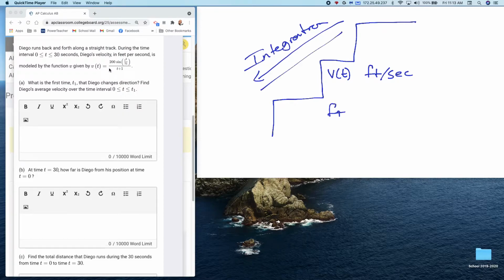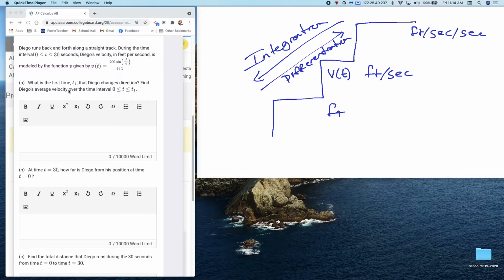If we go up these steps, that would be differentiation, and this step would be in feet per second per second. So just to gather your thought process on what do you have, where are you going to go.